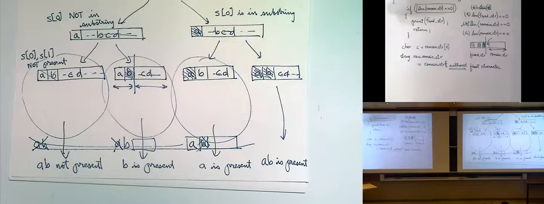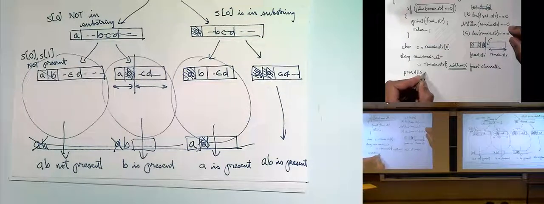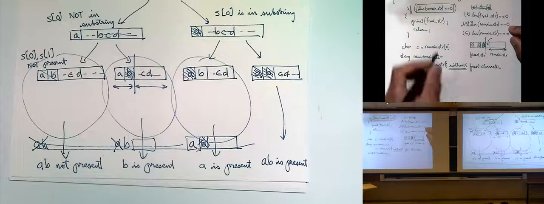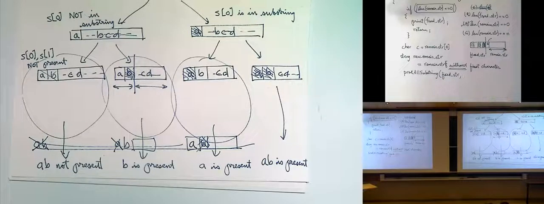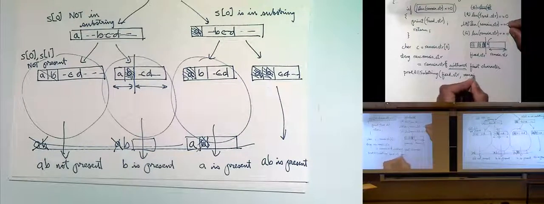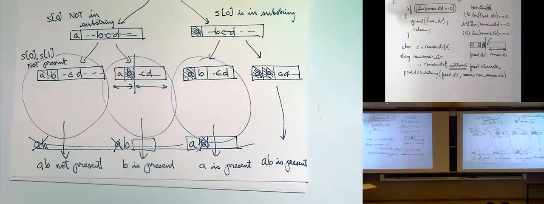Now we just make two recursive calls. So we print all substrings. What we're going to do is we'll keep the fixed string as it is, and then we do it with the new remaining string.